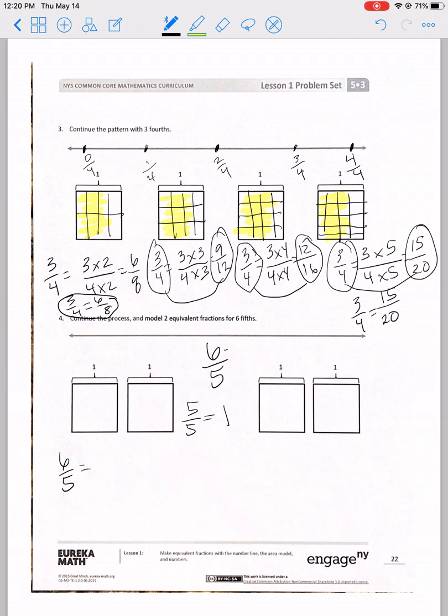Okay, so we got to break this up into 5s, all of them. 1, 2, 3, 4, 5. Okay, so this right here is an improper fraction.